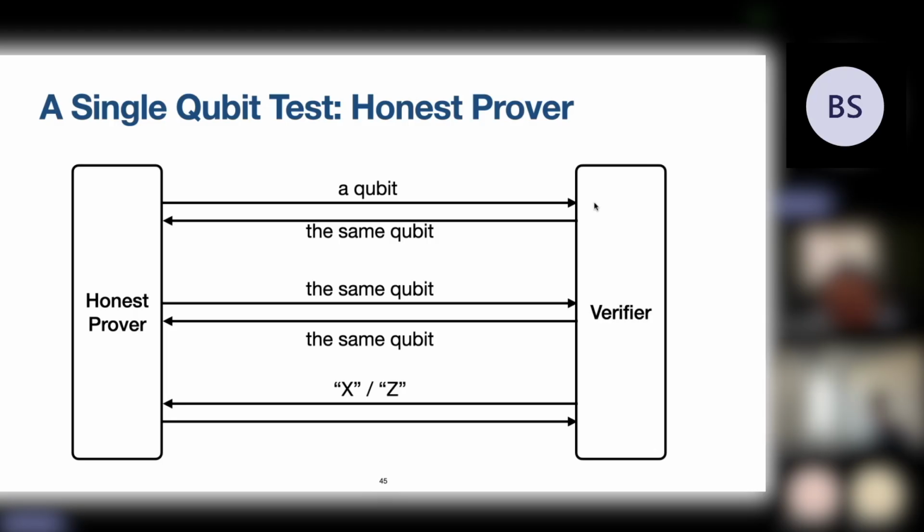And for the second round, the prover is supposed to measure the quantum witness coherently under the Hadamard basis, which more or less means you apply a Hadamard gate on this quantum state and then measure in the computational basis.